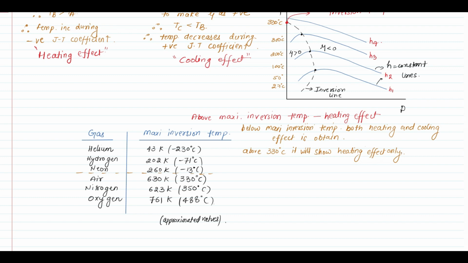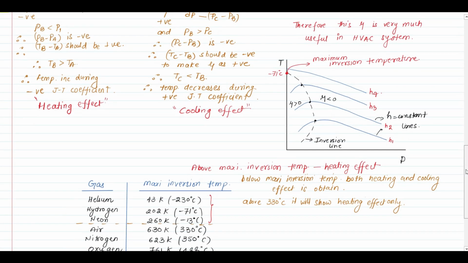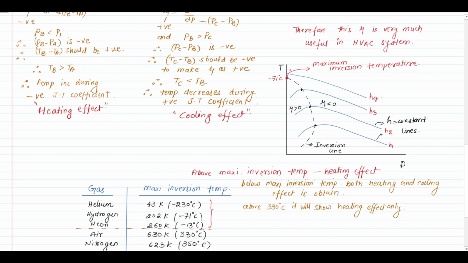Again, plotting the maximum inversion temperature for hydrogen, it is minus 71 degrees centigrade. For example, this temperature is ambient temperature, that is 27 degrees centigrade, and temperature is decreasing in the downward direction.